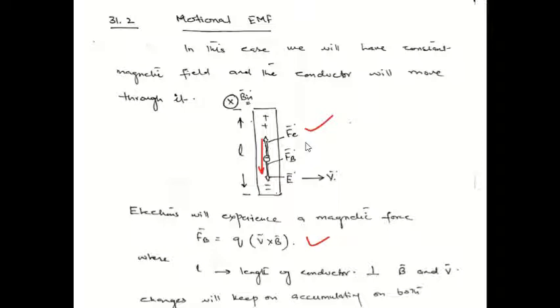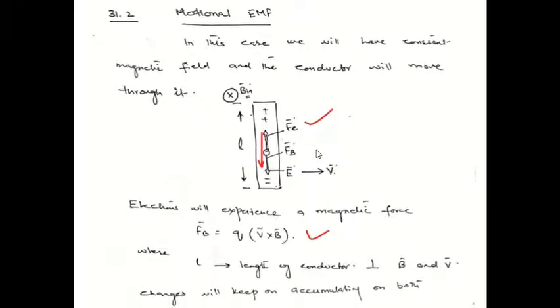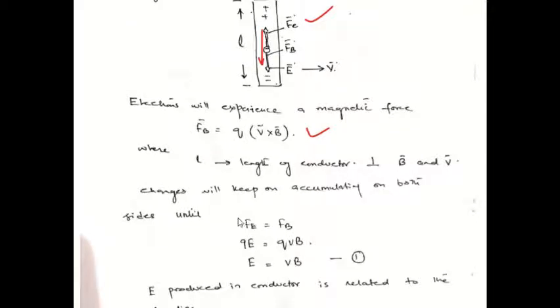This keeps going until a situation is reached where the electric force equals the magnetic force. If you remember, we have already done this equation while studying the velocity selector.